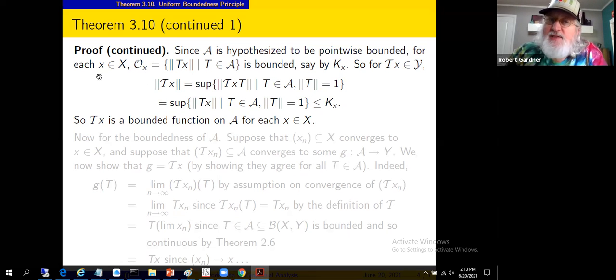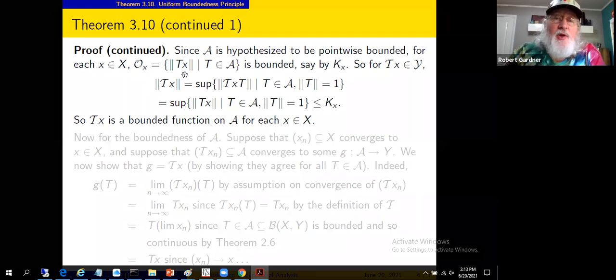We fixed x and allowed the functions to change. That's how we dealt with the O sub x things. These were x cross sections, as I called them. So these O sub x's are all bounded for each x. That's what pointwise bounded means.